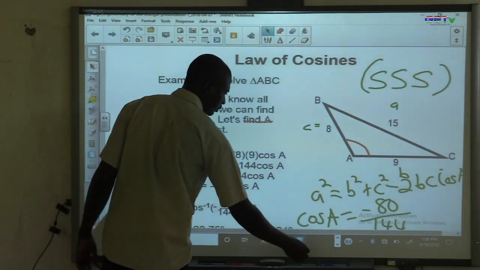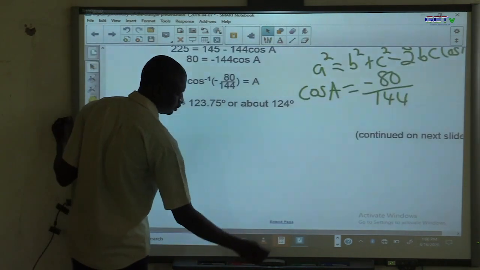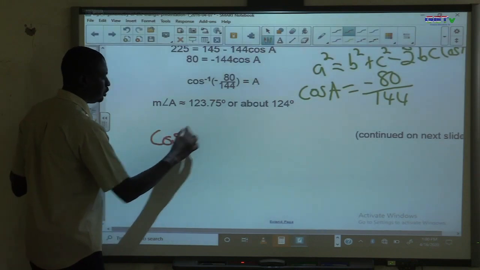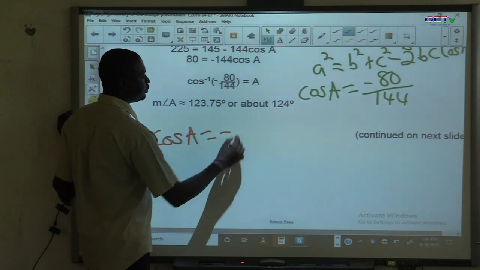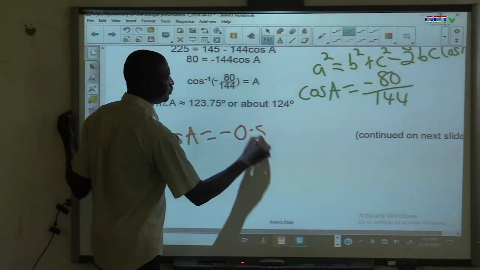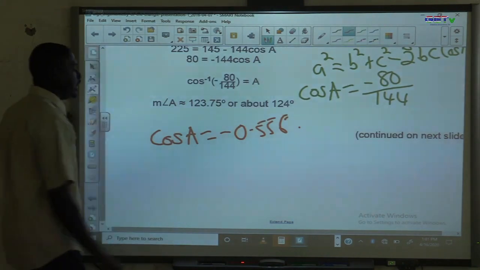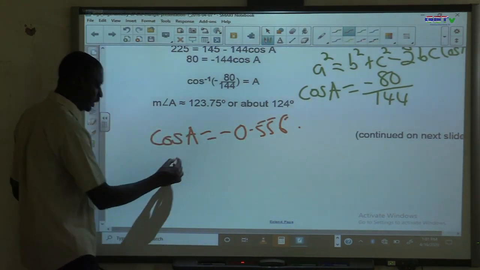So if I should extend this, realize that cos A is equal to negative 0.555. If we find the cos inverse of this, that is our value for A there.